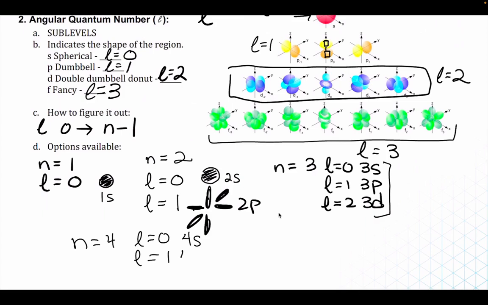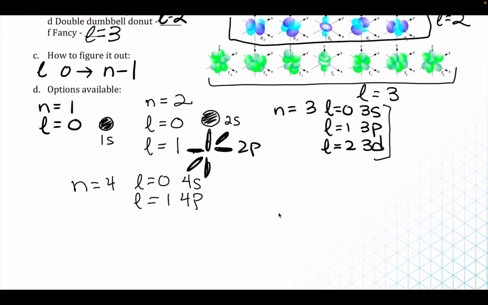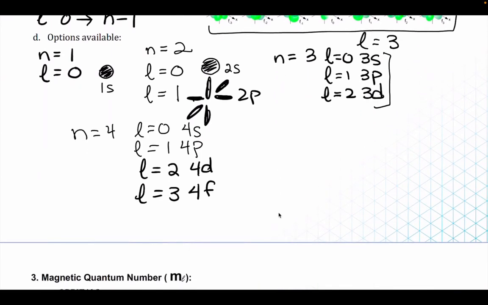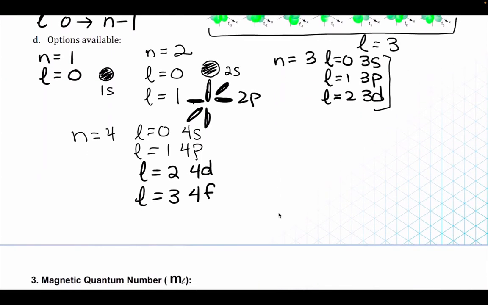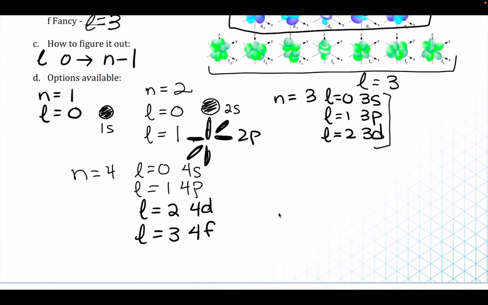L equals 1, so you'll have 4p. So 4 just means we're in the fourth energy level. L equals 2, so we'll have a 4d. And L equals 3 means we'll have 4f. So we're going to have all 4 of those shapes in the fourth energy level.